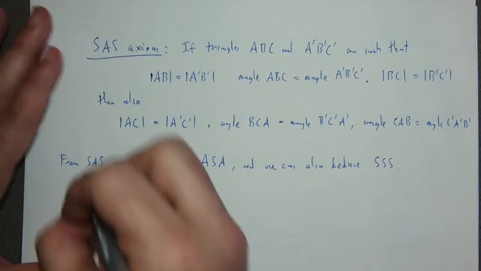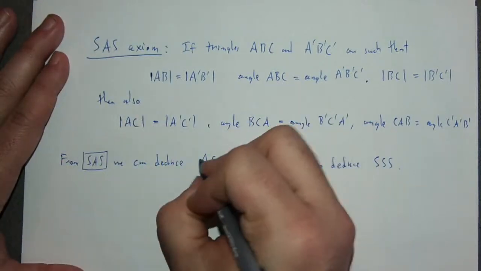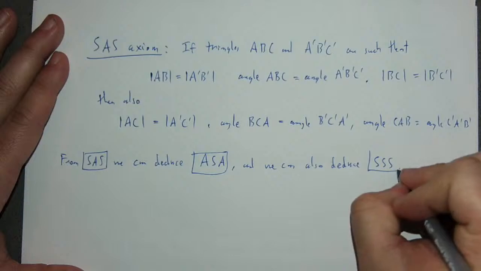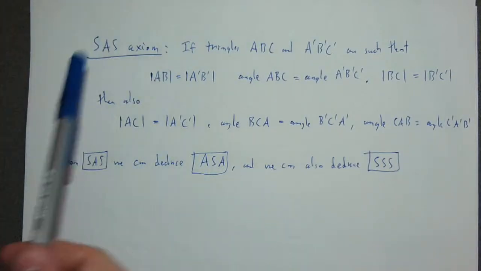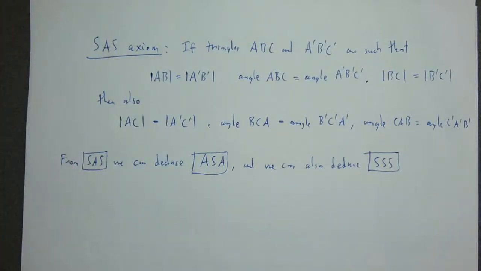So these are the three triangle congruence axioms. Now the thing is that we only need to assume one, we can get the others, but just to make this easy, we could assume all of them if we wanted to. If we're not trying to be mega efficient with our list of axioms, we could just assume these as well. It turns out that it's the same thing, but you can actually prove angle side angle and side side side from side angle side.